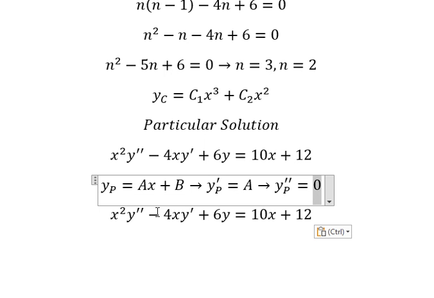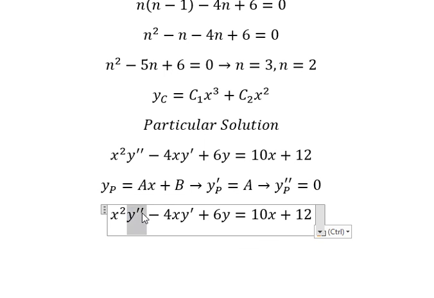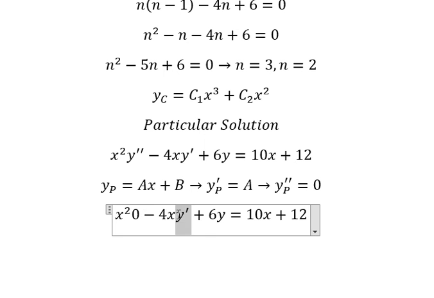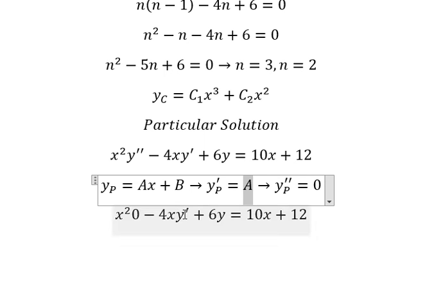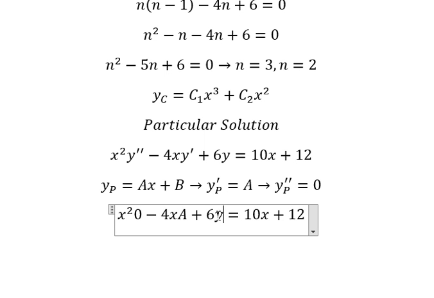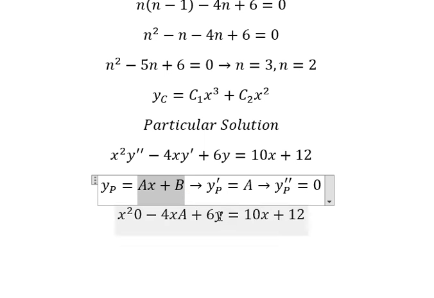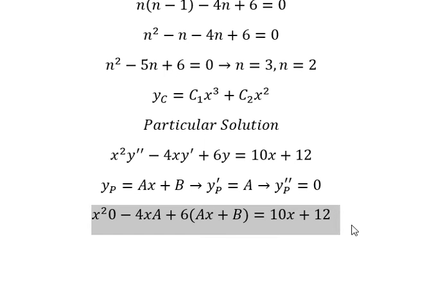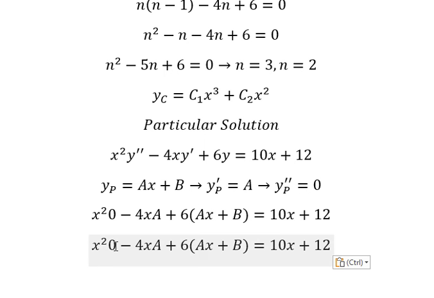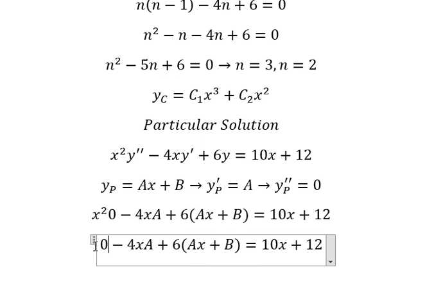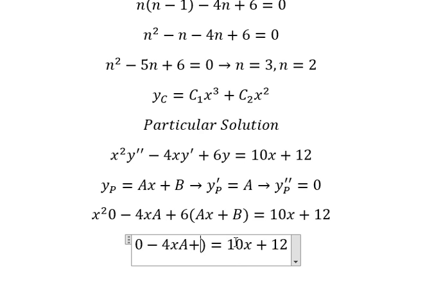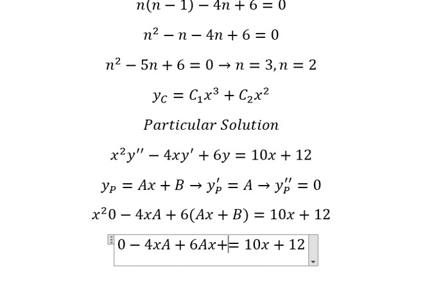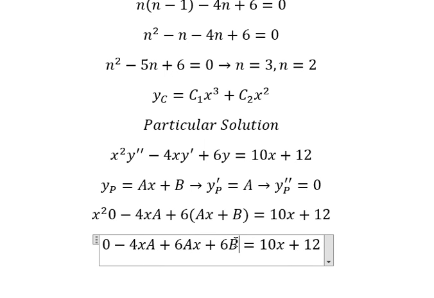And now I will put this one going here. This one is y prime, and y is this one. This one we have 0. This one we have 6as plus 6b.